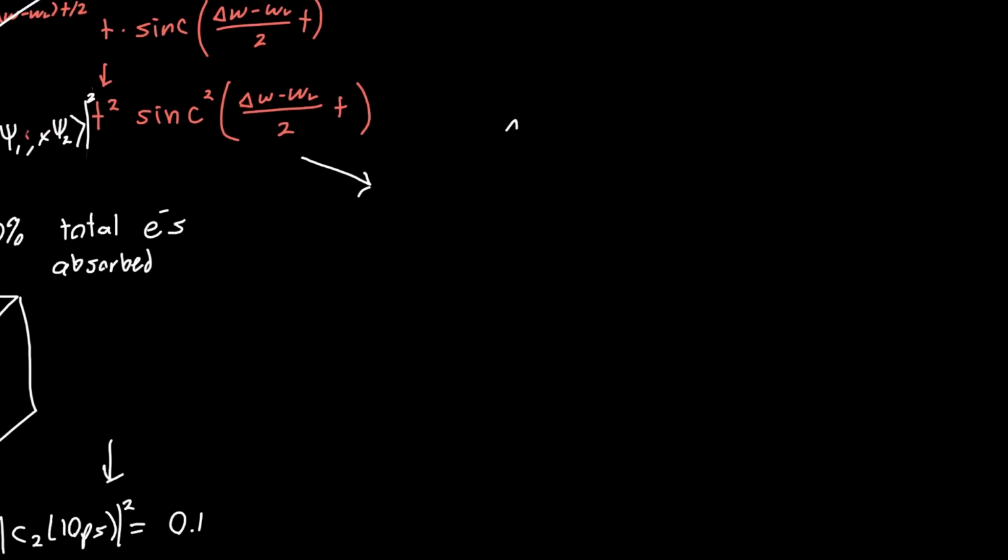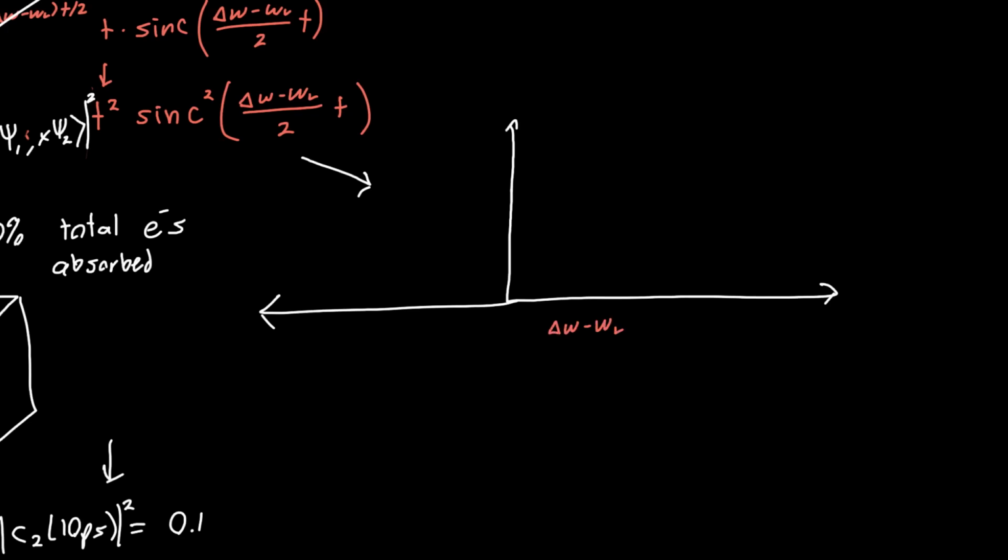Let's plot this sinc squared quantity. So let's plot this sinc squared function as a function of delta omega minus omega L. So we're plotting it as a function of the frequency difference between this delta omega between our two energy levels and the actual frequency of light that's applied.